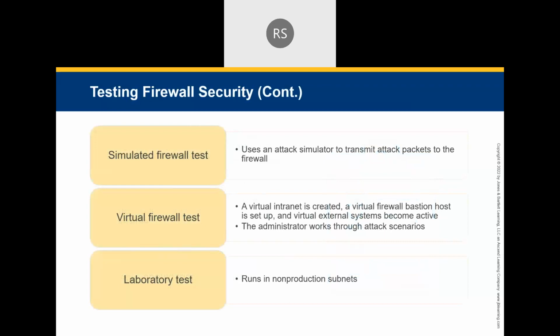This is conducted in a non-productive subnet. That's done to minimize the impact on live network operations. The laboratory test provides a controlled environment for testing firewall configurations, rule sets, and security policies without risking disruption to critical systems or services.